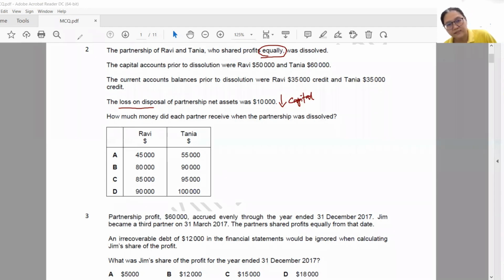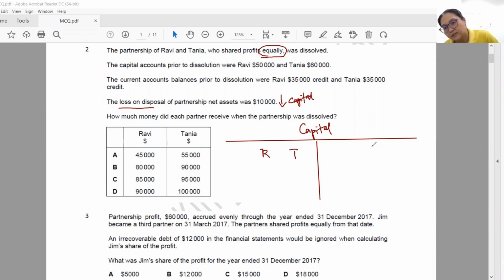So we open the simple T account. Capital account. We have Ravi and Tanya. The capital amount is 50,000, so we have the balance right now, 50,000 in here, and here 60,000.